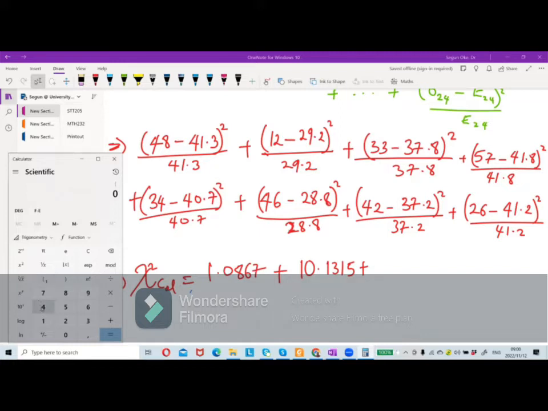Okay, let's do it. 48 minus 41.3, squared, divided by 41.3. Can you see it now? Yes, sir.